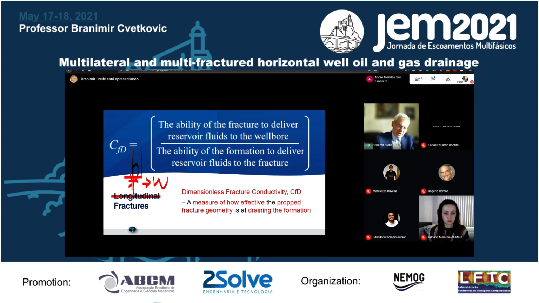I put fracture as small f and big F as the formation, or formation to the fracture, to the small f. So basically, you have fracture to the wellbore, and then you have formation to the fracture.